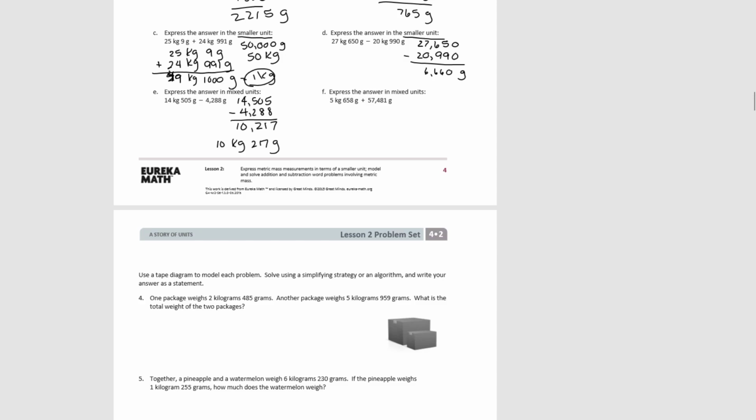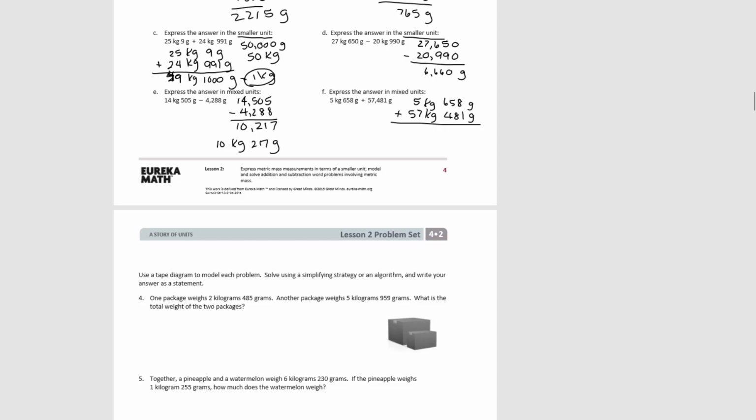Pause the video and try F. Let's try doing this one as a vertical problem. And we're adding 57 kilograms, 481 grams.